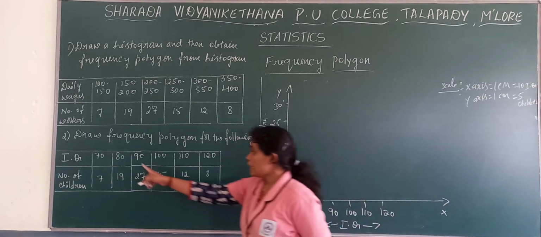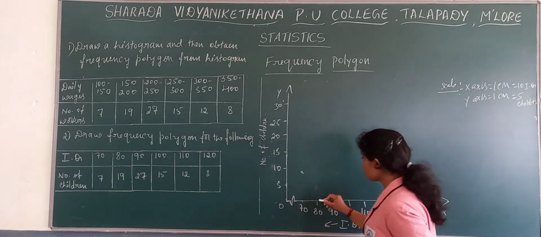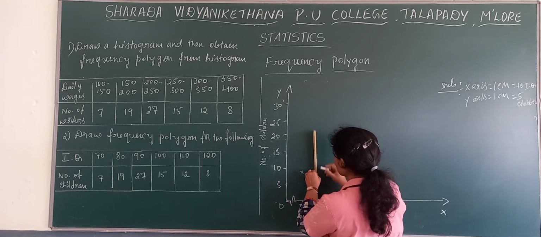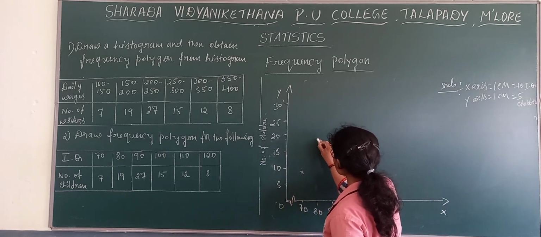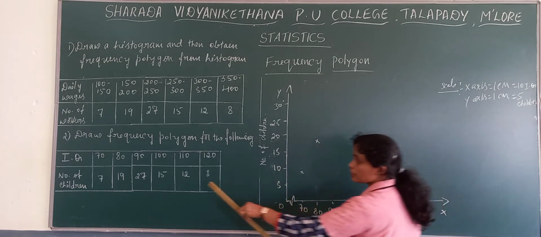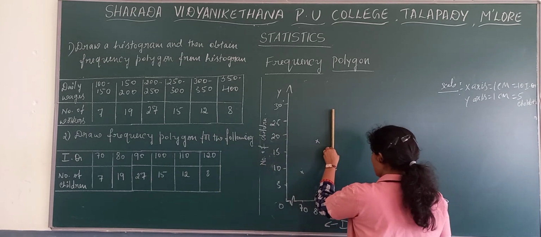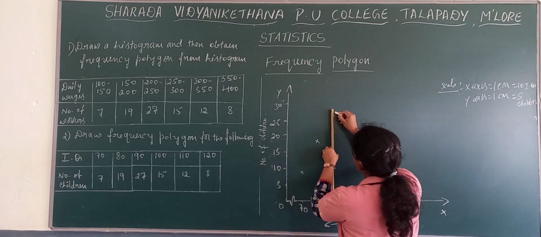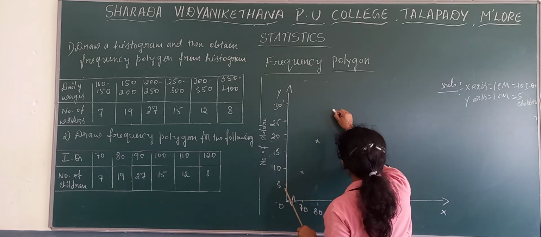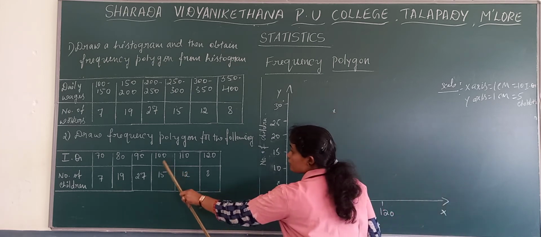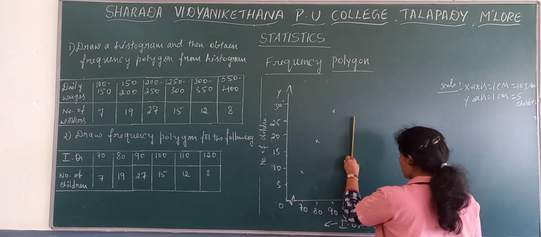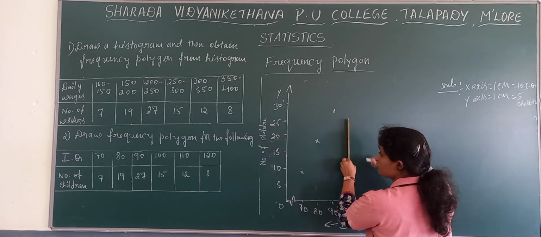Then 80, its value is 19. Then 90, it is 27. Then 100, it is 15.